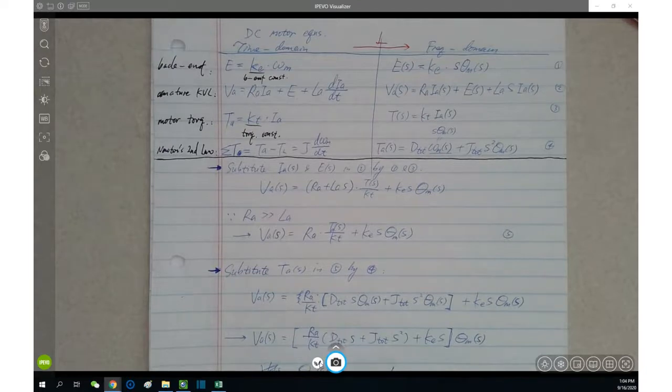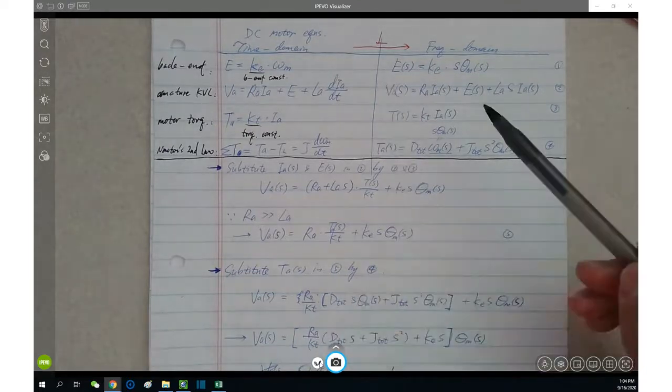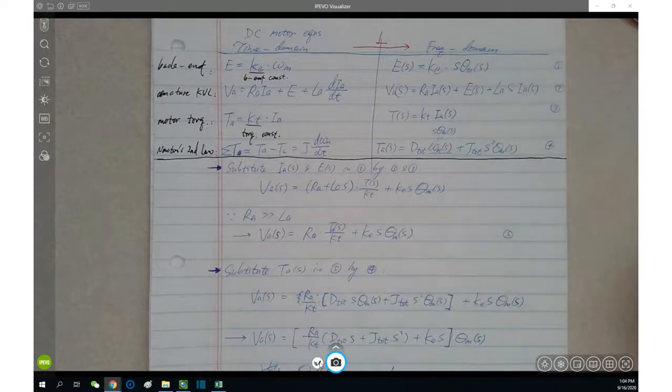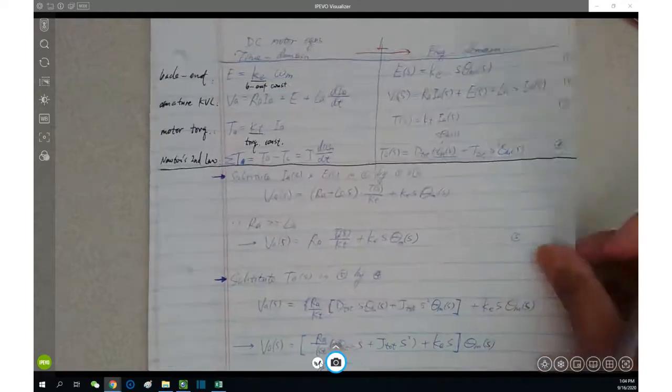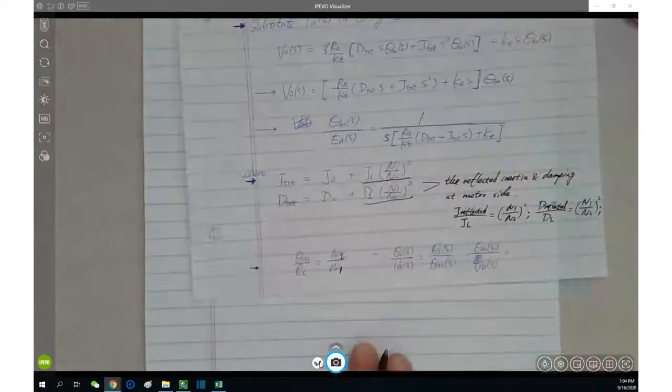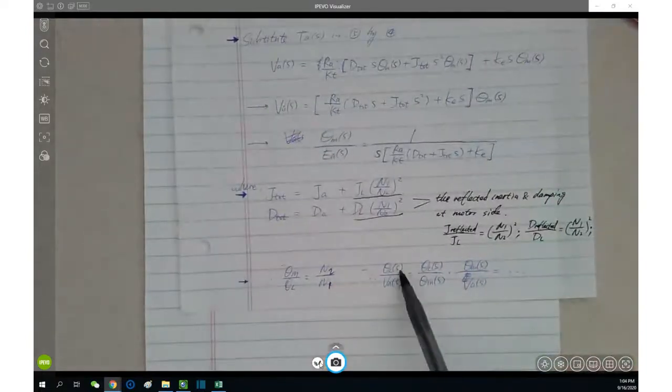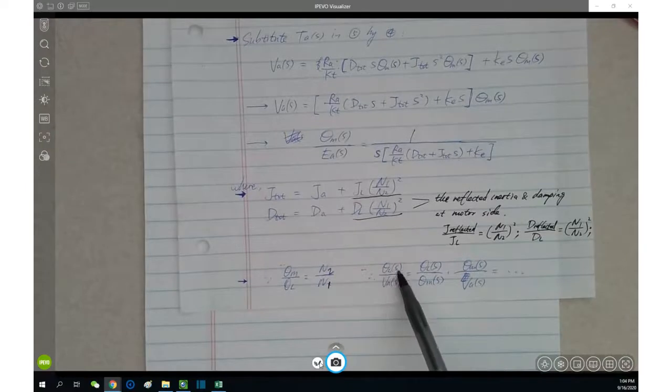By applying the Laplace transform, we obtain the corresponding frequency domain equations. I labeled them 1 through 4. Based on these, we are deriving the output load angular position angle versus the input, which is defined as the armature voltage.